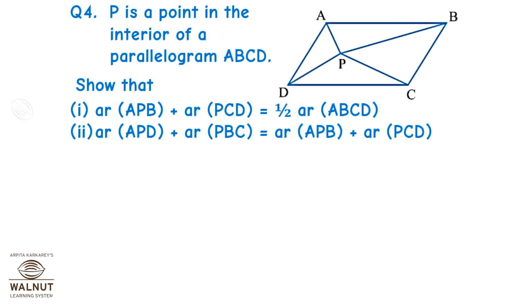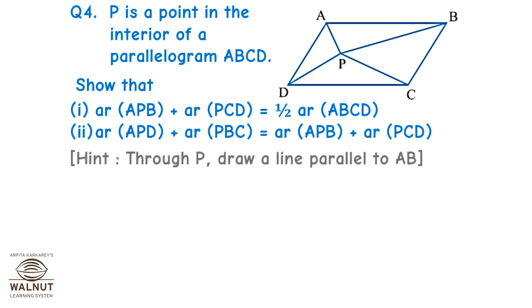Question 4. P is a point in the interior of a parallelogram ABCD. Show that 1. Area APB plus area PCD is equal to half of area ABCD. 2. Area APD plus area PBC is equal to area APB plus area PCD.